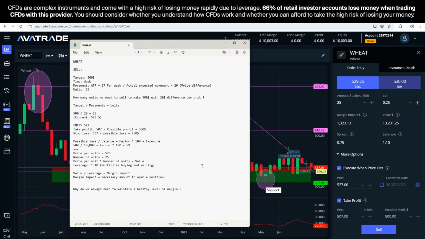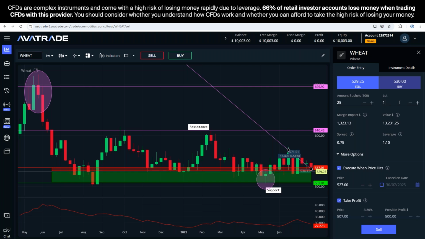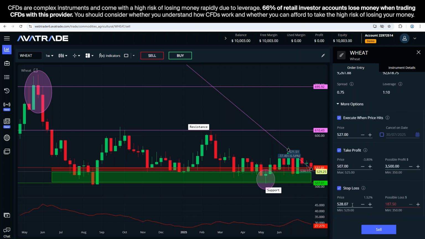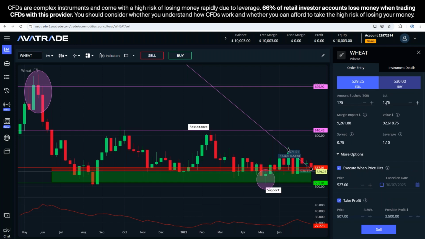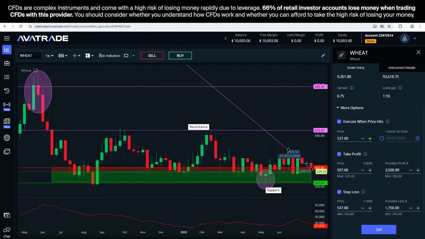Another reason to ensure that I have enough margin is to be able to diversify. For instance, if I increase this to one lot, I can still handle it. If this would have been 1.75, I can still handle it. 2 is too much. Just look how much more profit I can make. But in the same way, if I increase it so much, I can also lose a bigger amount.